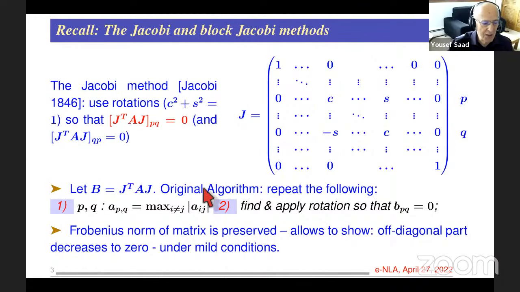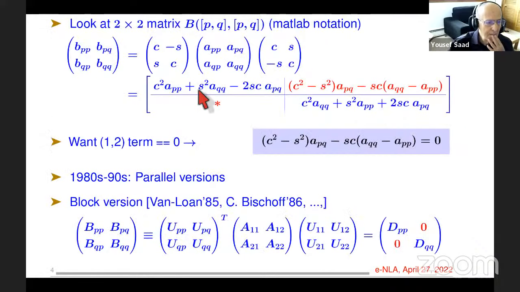You repeat the process until it converges. Because the norm of the matrix is preserved, the entries outside the diagonal will decrease, and you can show convergence because of this. This is just a quick background on this method, and these are a couple of details.